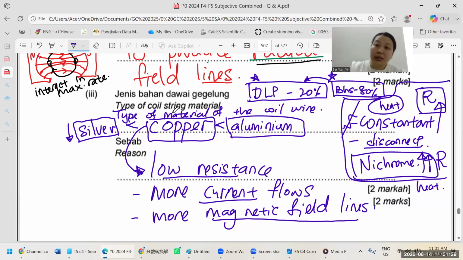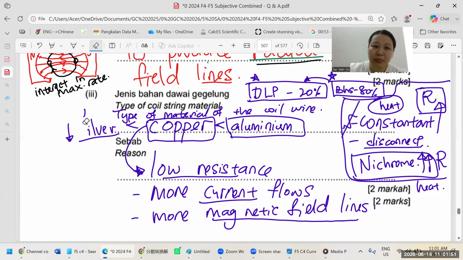They use some copper, and where they really need low resistance, they put some silver there. By the way, the common best wire so far is copper.